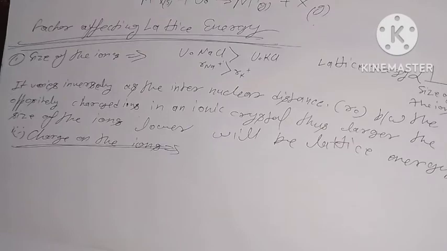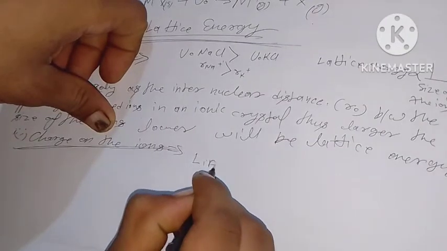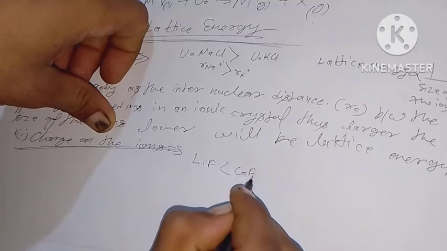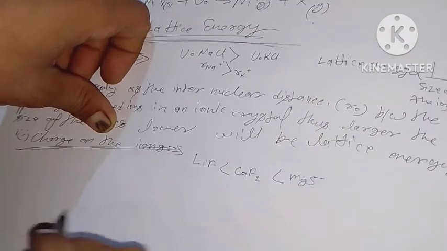Thus, the lattice energy of ionic crystals containing univalent and univalent, bivalent and bivalent ions are in the order: lithium fluoride is less than calcium fluoride is less than magnesium sulfide.